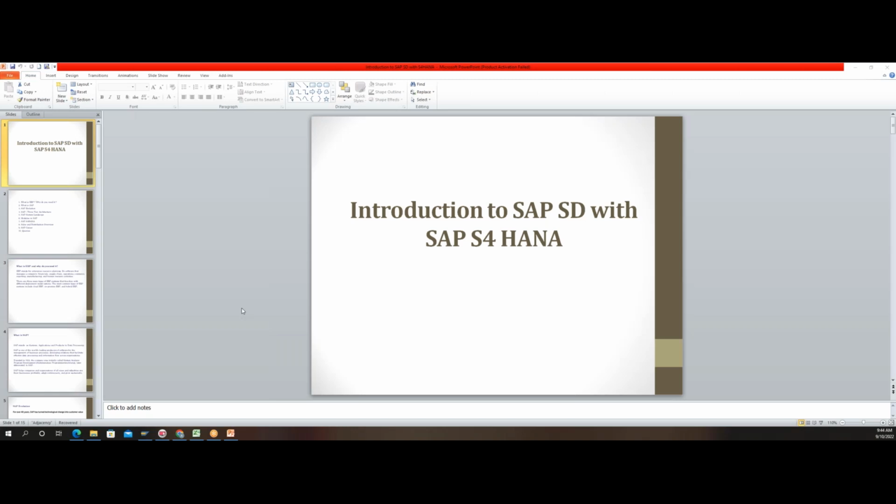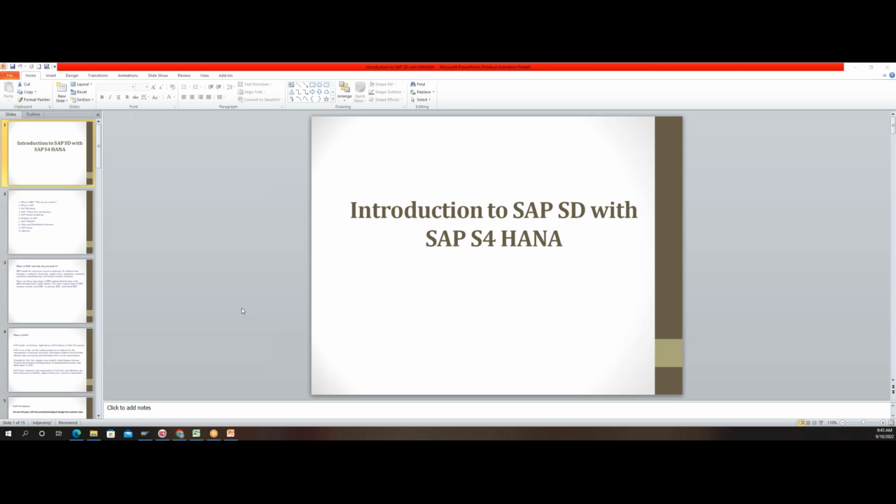Not on the SAP part, but on how the sales process works. What is a business process? What is a sale? How do orders get generated? How do we deliver them? How does the invoice process work? What are the delivery priorities? I wanted to know whether you have this understanding or not.